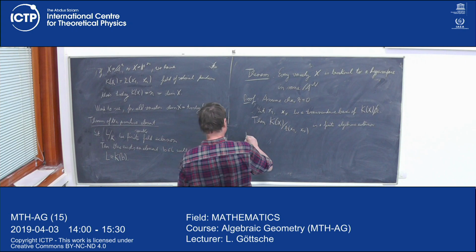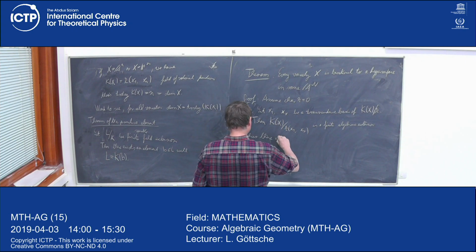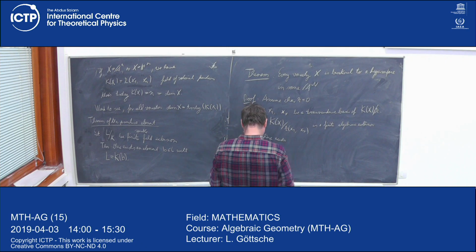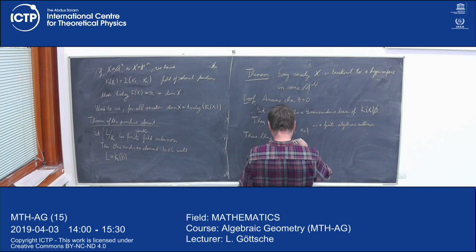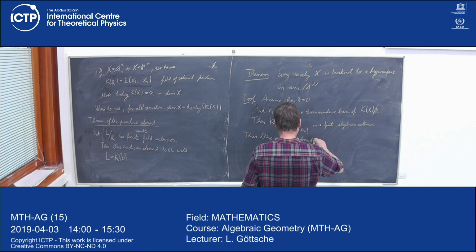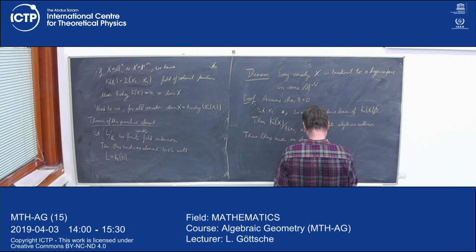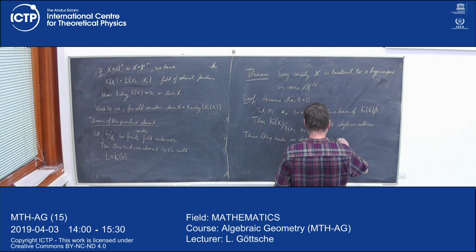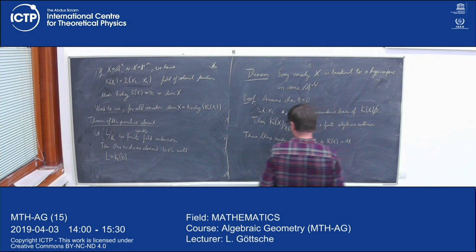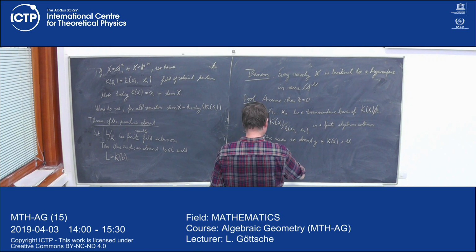Thus there exists an element y in K(X) such that K(X) is equal to K(x1 to xr, y).